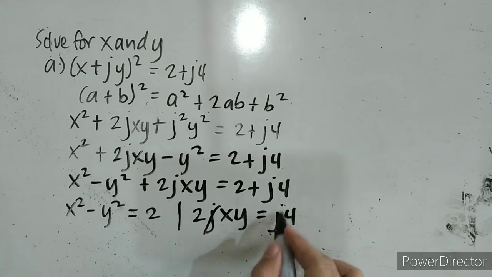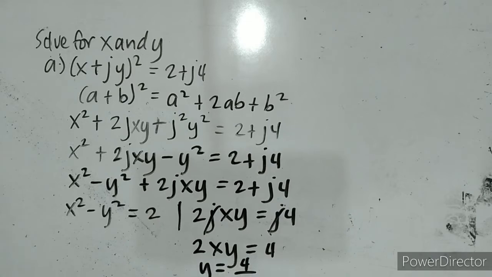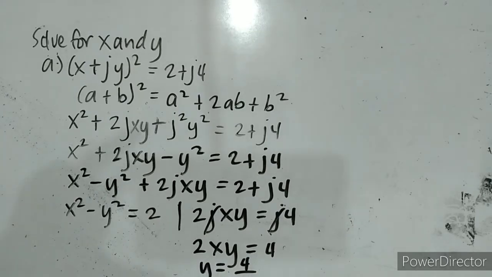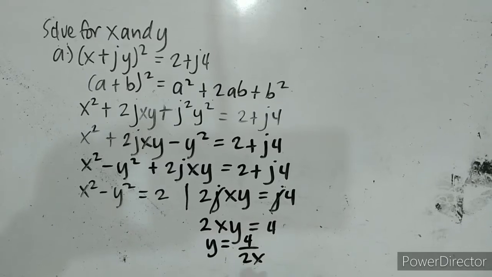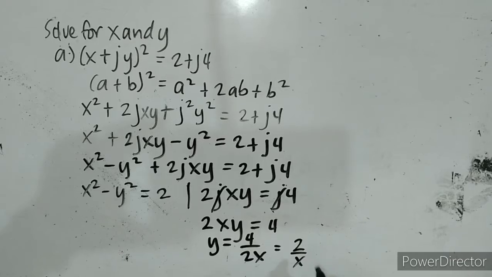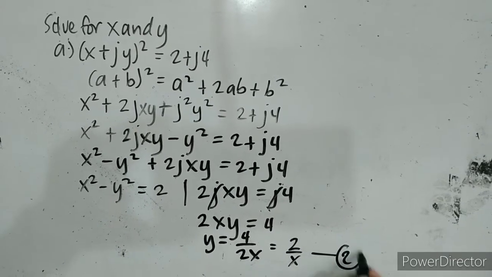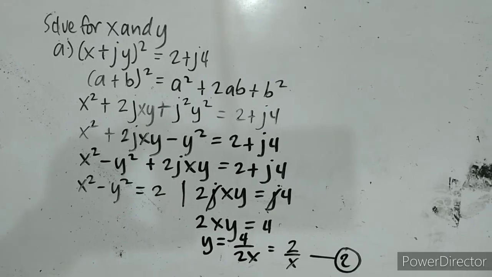As I've said, we can simply cancel j, so this becomes 2xy equals 4, or we can say that y is equal to 4 over 2x, and that means y is equal to 2 over x. So we can have this as our equation 2, which we will substitute later on.